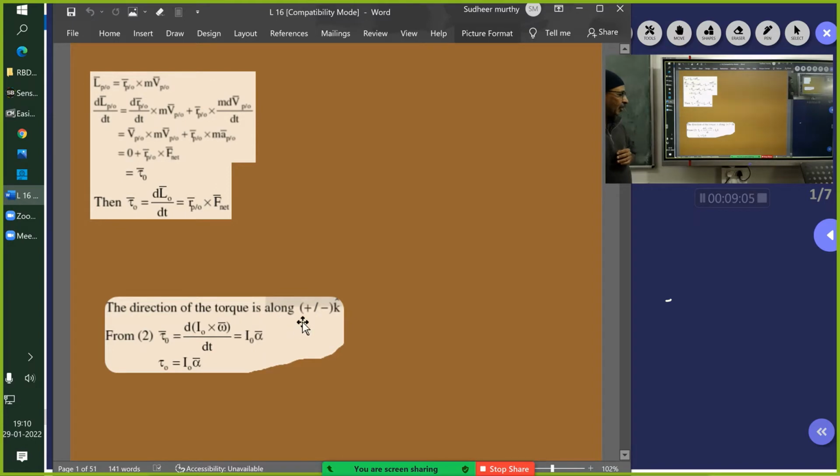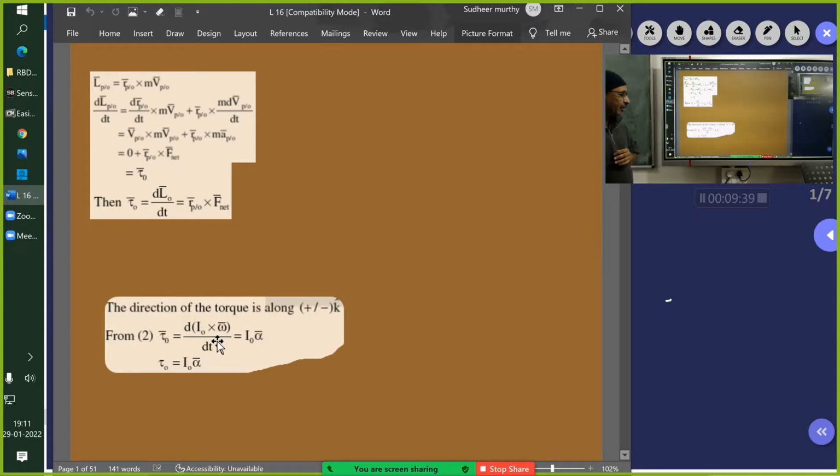Now the direction of that torque can be plus or minus k cap. Tau bar is d by dt of L bar. L bar is I naught into omega bar. I naught is a constant, so if you pull it out, you get I naught times d by dt of omega bar, and d by dt of omega bar gives you alpha.